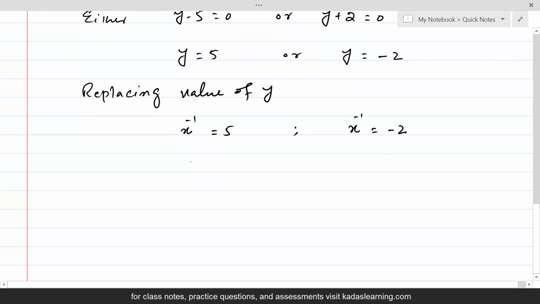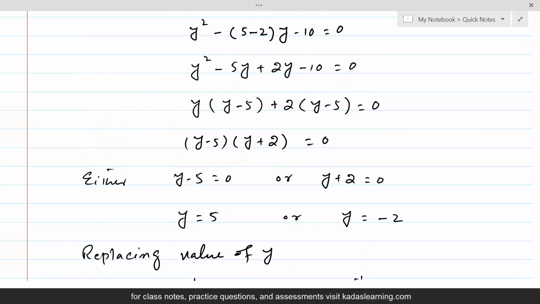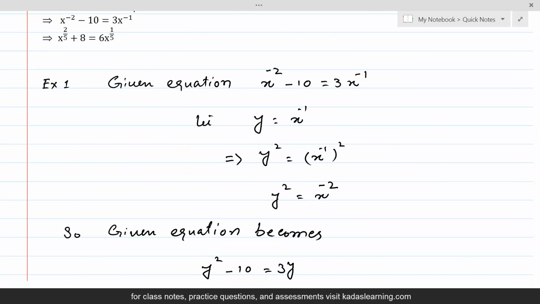If this is the case, then 1 over x equal to 5, and here 1 over x equal to minus 2. This means x is equal to 1 over 5, and this is x equal to minus 1 over 2. So we got the solution for an equation which didn't appear to be quadratic in the first place, but we reduced it into quadratic form simply by making a substitution.